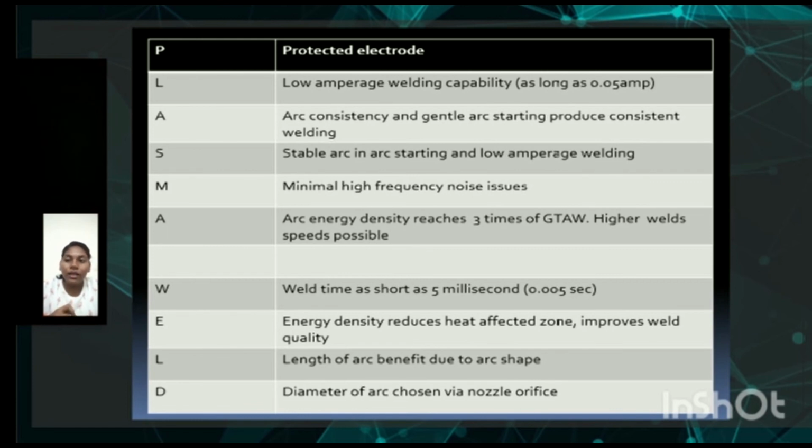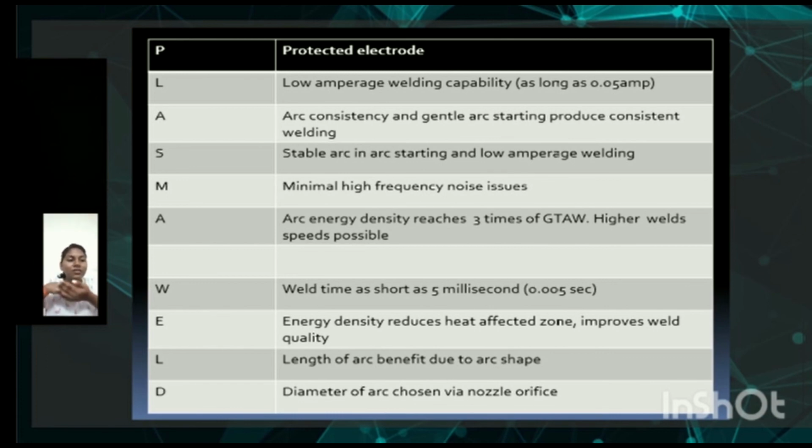S stands for stable arc in arc starting and low amperage welding. M stands for minimal high frequency noise issues. And again, A stands for arc energy density reaches 3 times that of GTAW. Higher weld speeds are possible.